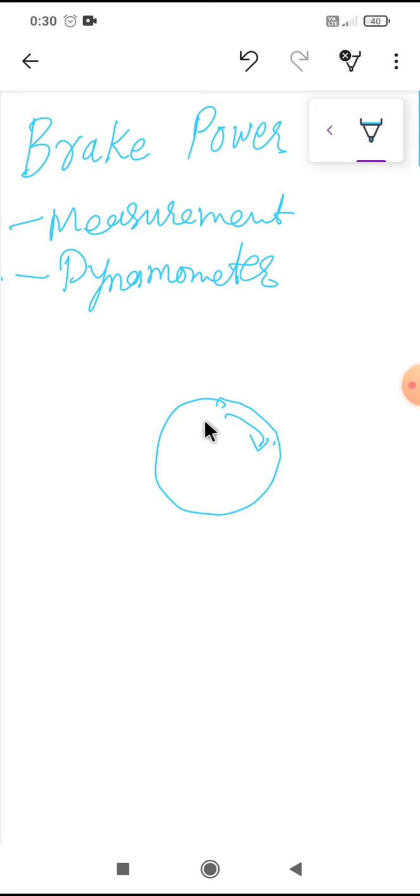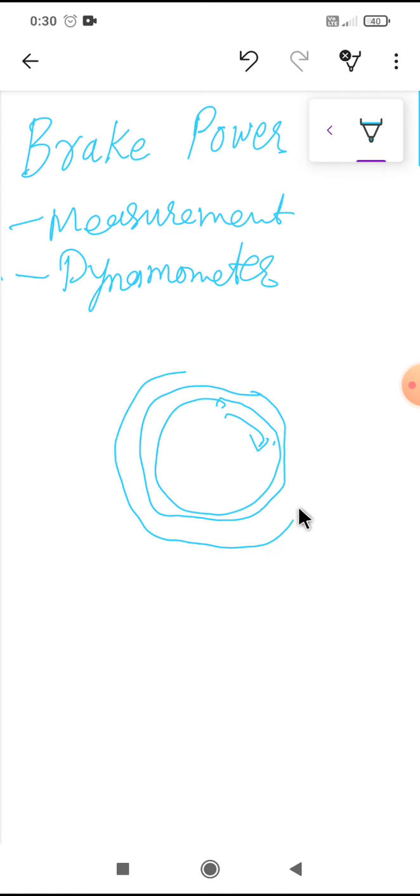And suppose this is the stator, another circular element. We'll call it a stator. This is stator and this is rotor, and in between there is a coupling force.